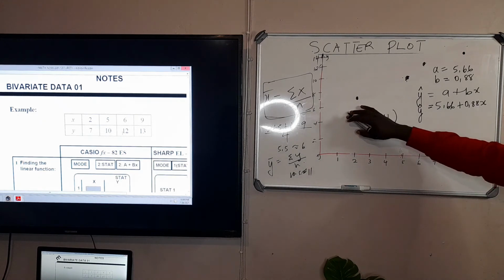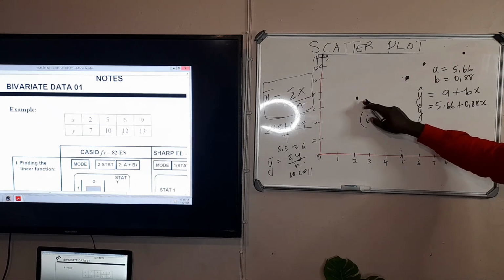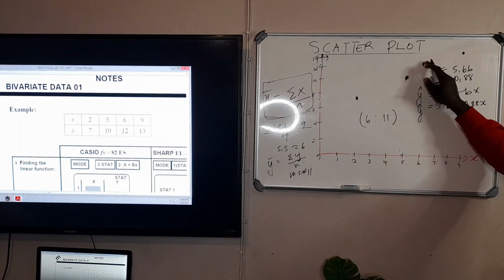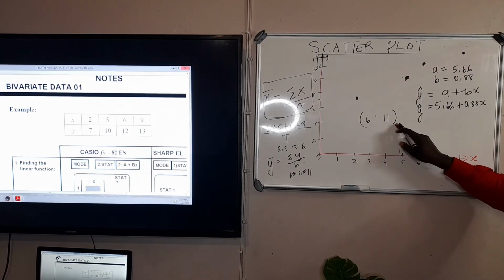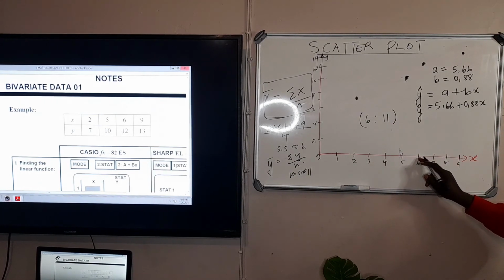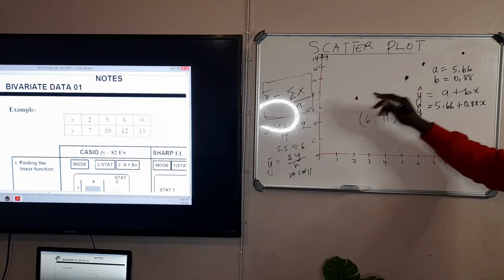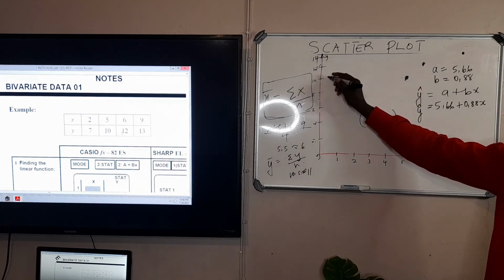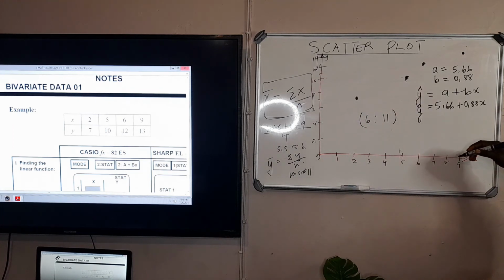So you go back to the scatter plot. We had 4 points that have been plotted already: 1, 2, 3, 4. I'm going to insert this on the scatter plot. So it's 6 against 11. I have got 10 here, and 11 is in between 10 and 12.